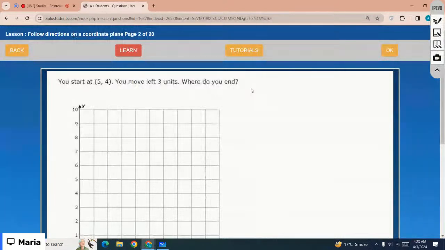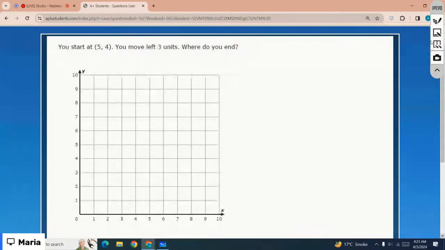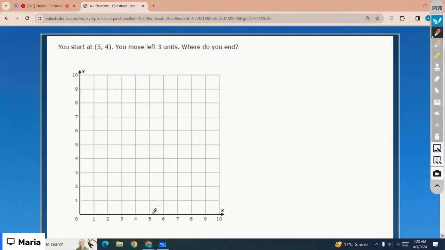You start at 5, 4. You move left 3 units. Okay. 5 and 4. You move left 3 units. 1, 2, 3.